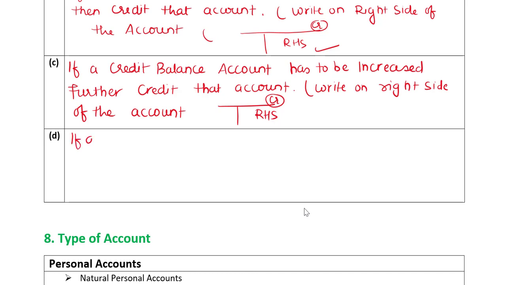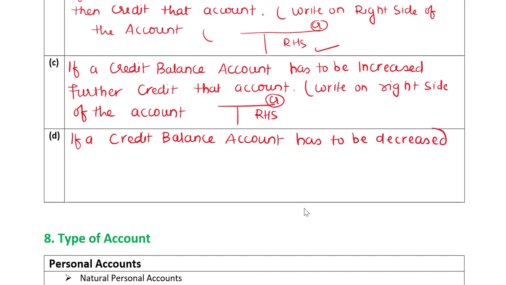And vice versa. If a credit balance account has to be decreased, in that case, what you will do? We will debit it. So we will debit that account and obviously we'll write on the left hand side.